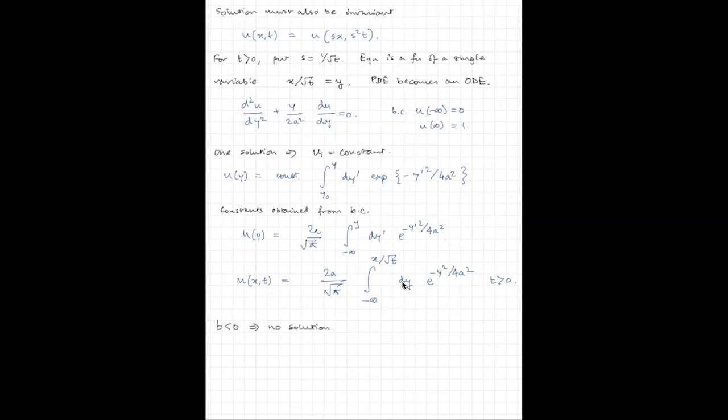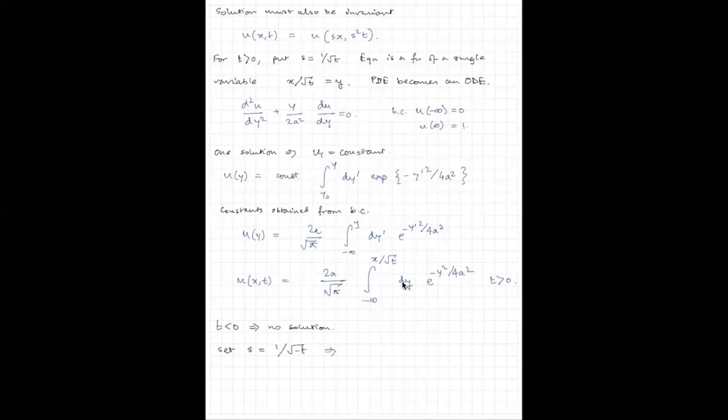Why is this the case? So set s equal to 1 over square root of minus t.